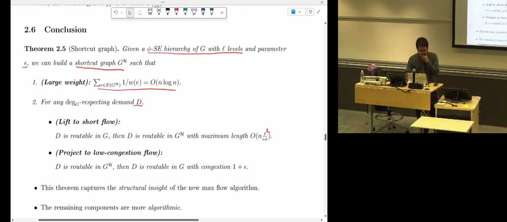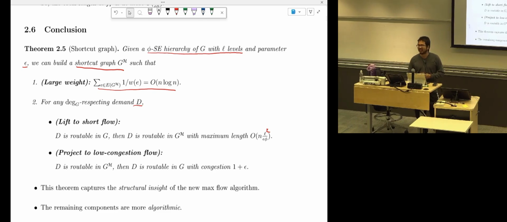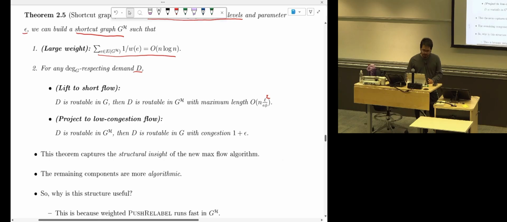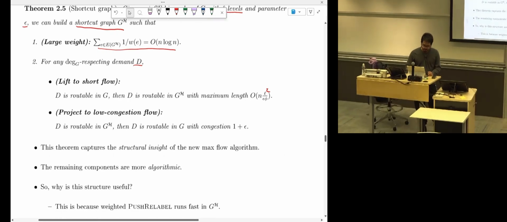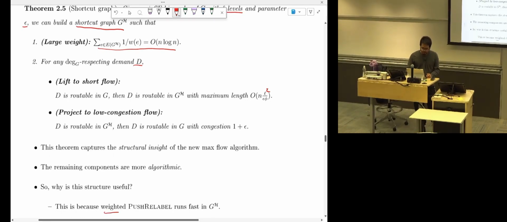The remaining components are more algorithmic. Let me tell you how this is useful algorithmically. The reason it's useful is because weighted push-relabel runs fast in this shortcut graph.